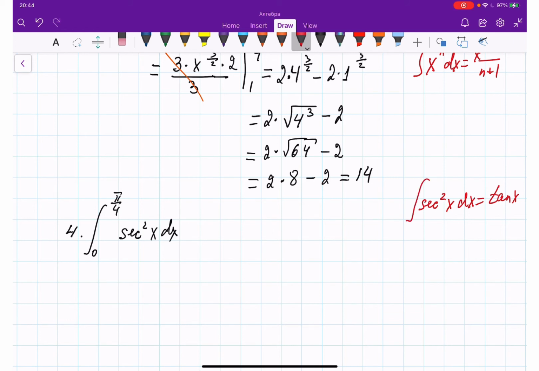Okay, which means here we are going to get tangent x, and we are limited by 0 and pi over 4, and that is equal to 1 minus 0, equal 1. Because tangent pi over 4, let me go slow.